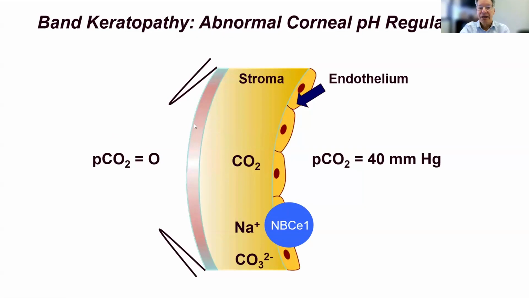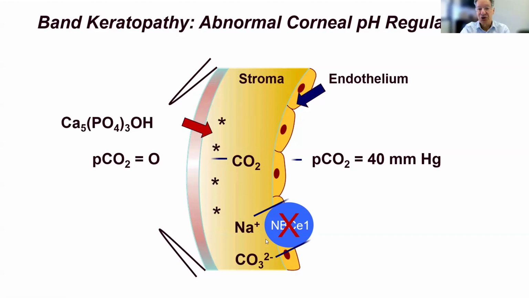Now, when carbon dioxide is going from 40 inside the eye to 0 in the front, we have to prevent the front of the eye from alkalinizing. And that is done because we have NBCE1 on the endothelial cells on the inside of our eye that actually transports sodium carbonate out of our cells. And that keeps the stroma here acidic.